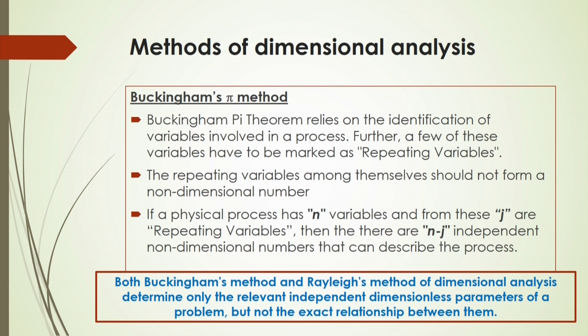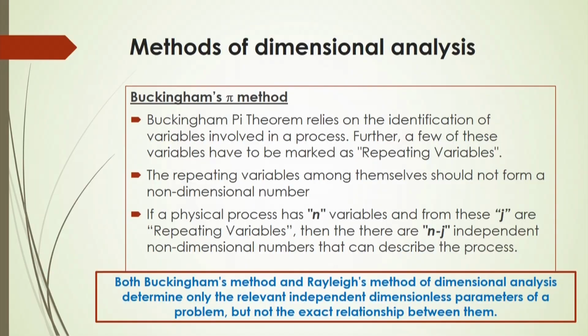Now, coming to Buckingham's pi method, we have already discussed in the previous lecture the Rayleigh method, how the dimensional analysis can be made based on the Rayleigh method. Here another method is called Buckingham's method. In this method, it generally relies on the identification of variables involved in a process, and a few of these variables have to be marked as repeating variables, sometimes called core variables.